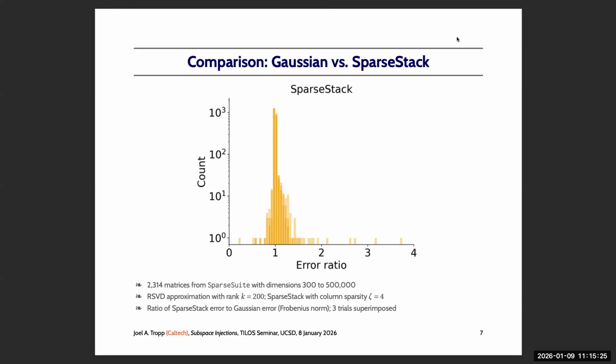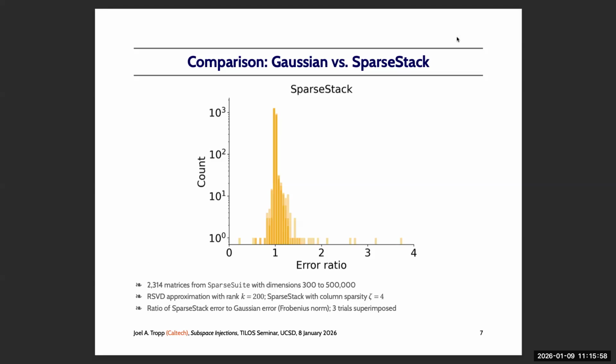We've taken 2,300 sparse matrices, and we've made a rank 200 approximation of each matrix using the randomized SVD algorithm, which is a randomized dimension reduction method. And we've done this both with a Gaussian matrix and with a sparse matrix with 4 non-zeros per column. What I'm showing you here is the ratio of the error in approximating the matrix using a sparse dimension reduction map as compared with the error using a dense dimension reduction map.